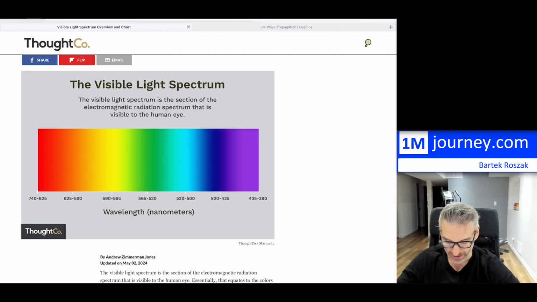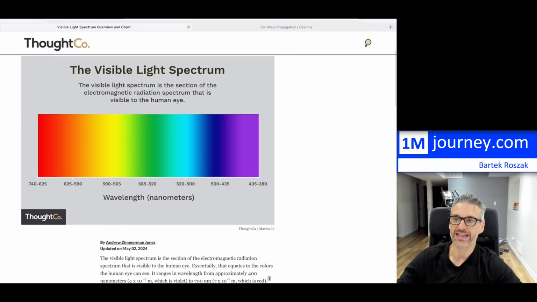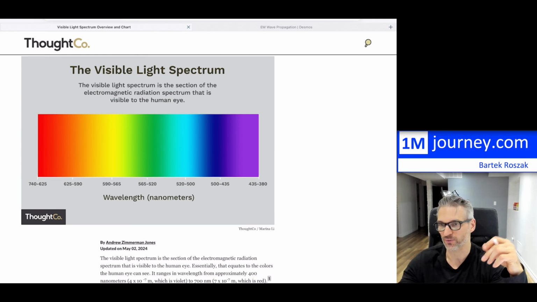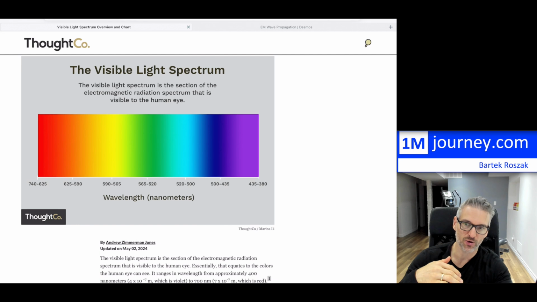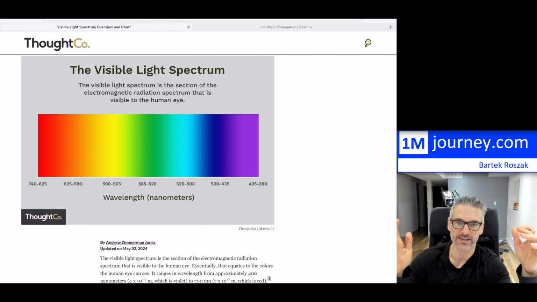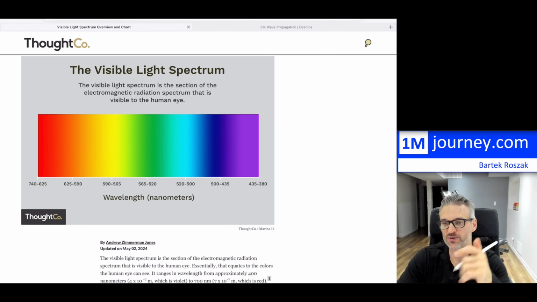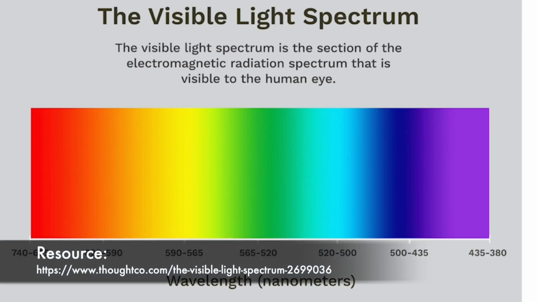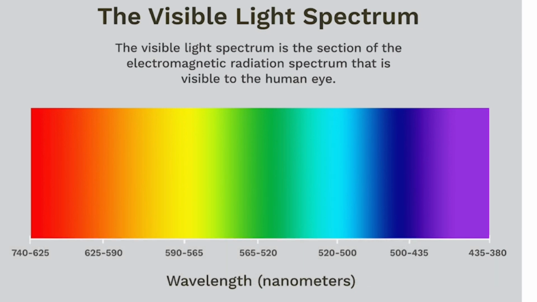I just like this one, and you will notice that it has the spectrum, these are the visible colors that we have, from red, orange, yellow, green, bluish, violet, etc. And then notice that there's a wavelength in nanometers, so it starts from 740 nanometers, so that would have been 740 times 10 to the negative 9.